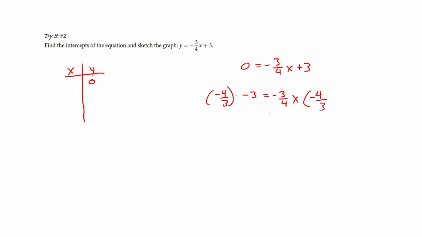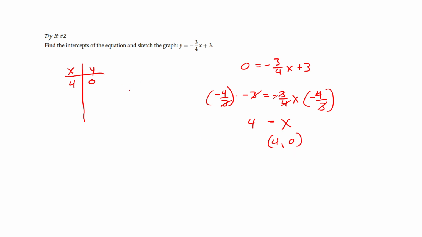So you flip that upside down, multiply it across. So these would cancel down to be 1. So this all just becomes x. Now the 3's would cancel here. The minuses are opposite, so I'm going to get 4. Okay, so that's the point 4, 0.